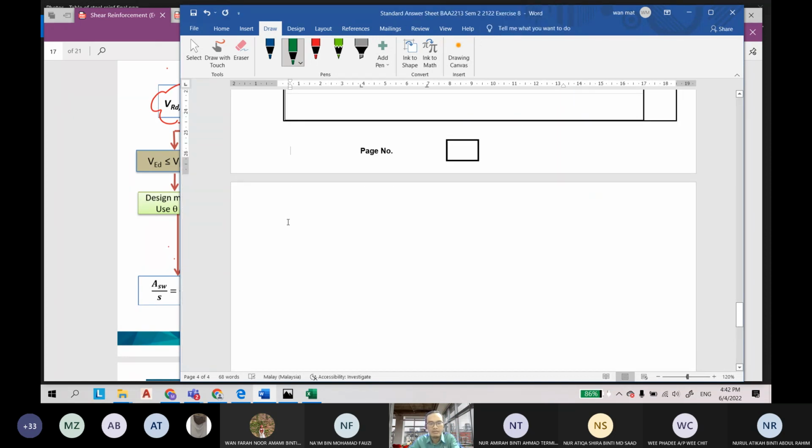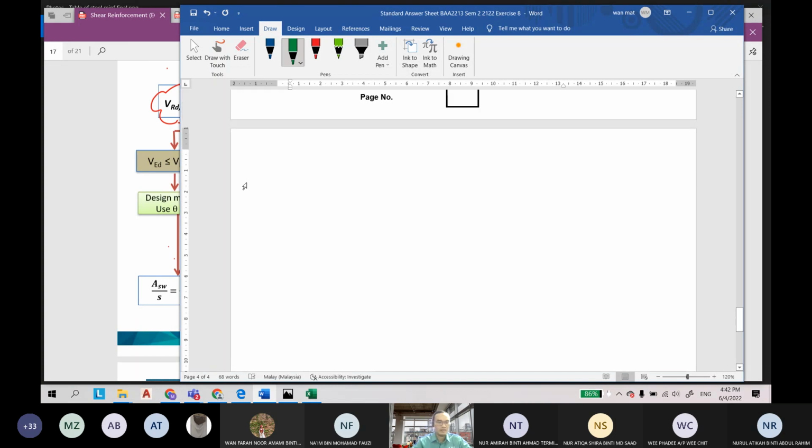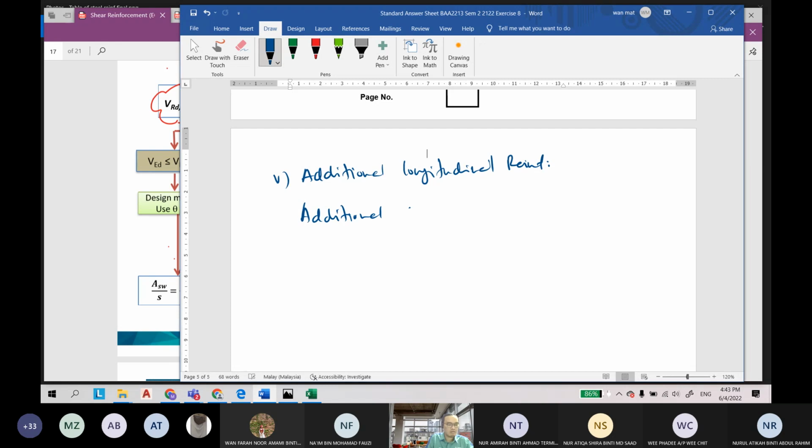Step number 5 is we check for the additional longitudinal reinforcement. This is due to the shear stress, so additional tensile force.